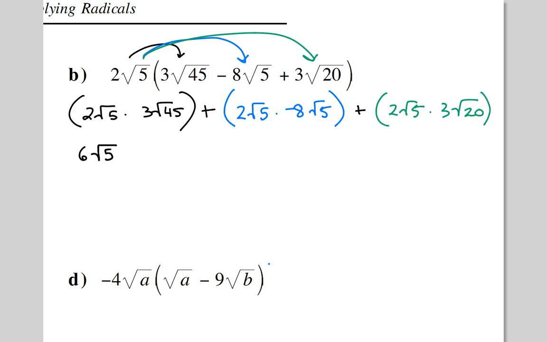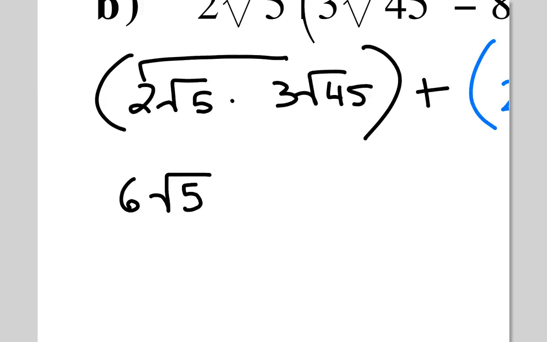And I'm just going to be a little bit clever here, because if I go 5 times 45, you're going to get an even larger number that you have to think about. So why not just leave the root 5 and start breaking down the root 45? I dealt with the 2 and 3 to get 6. I've got the root 5. Now I just need to figure out this root 45.